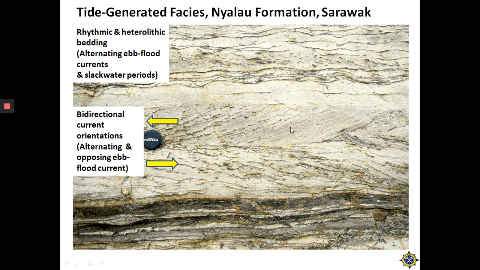We have herringbone crossbedding. The crossbeds here are dipping towards the left, the crossbeds below it are dipping towards the right. So the combination of these facies is more important when trying to interpret. The more evidence you have, the better.